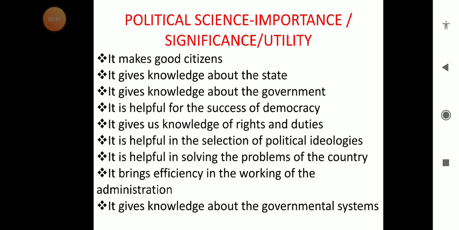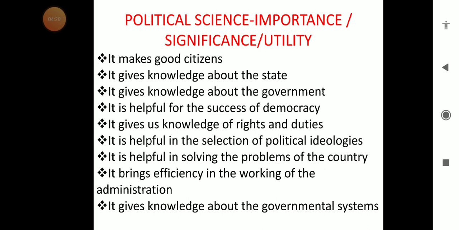The next point is it gives knowledge about the state. A man cannot live in a jungle, right? A man lives in society, and living in society he forms certain associations, right? And the state is that association which runs the government.